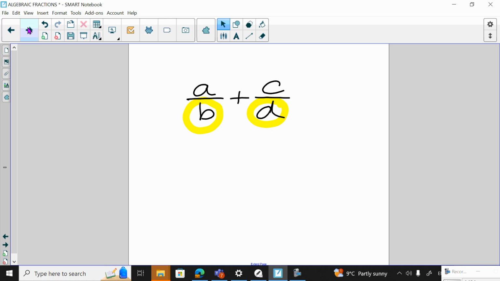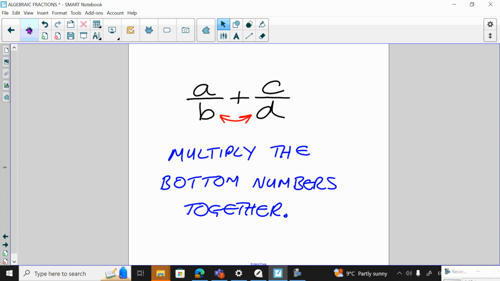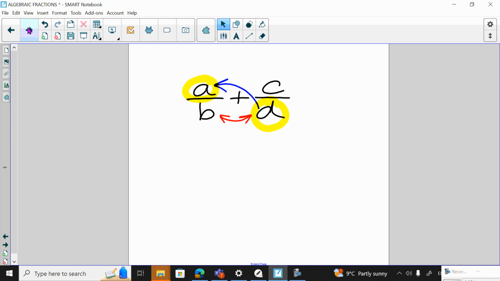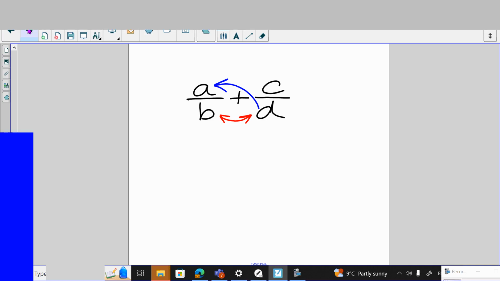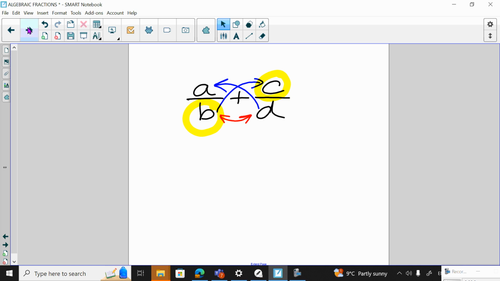So take the bottom parts, multiply them together. Take the bottom right up to the opposite diagonal, multiply them together. And finally, take the bottom left hand corner up to the top right hand corner and multiply. So that's the instructions.